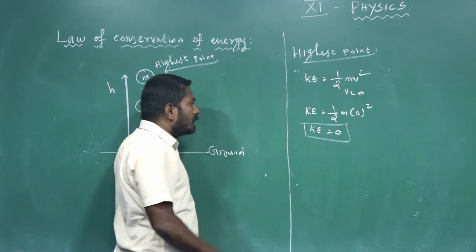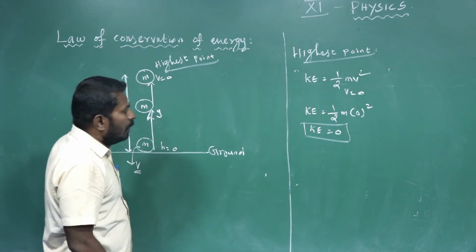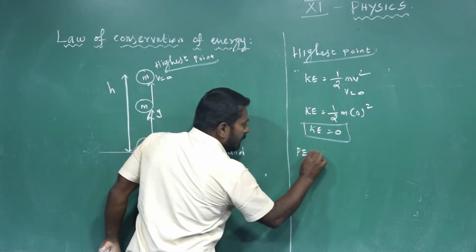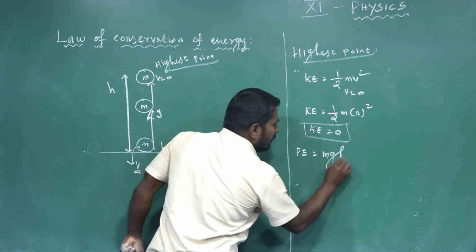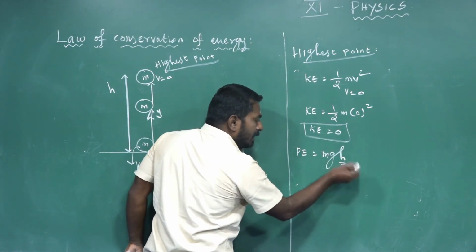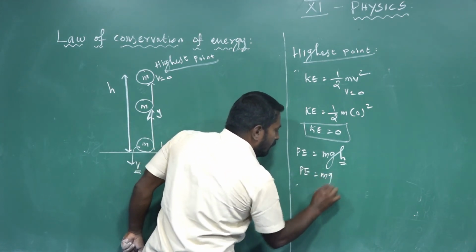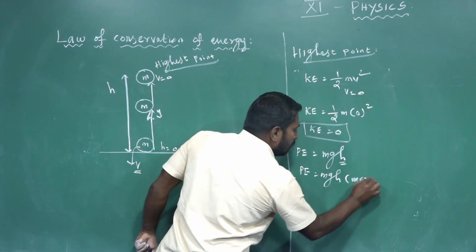Then at that instant of time, what happens? Potential energy is gained by the body. Potential energy P is equal to mgh. At that instant of time, the height of the body is maximum, so it possesses a maximum potential energy mgh.